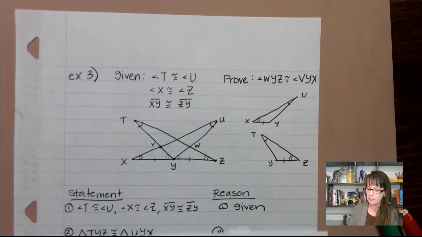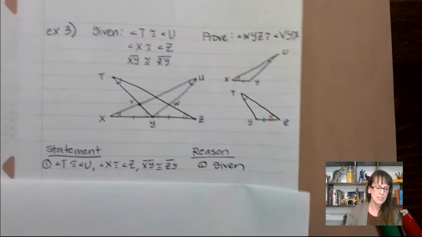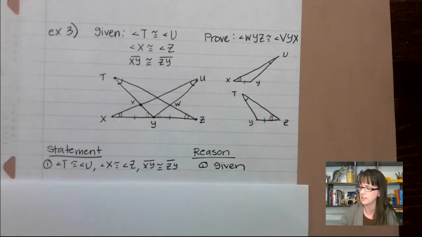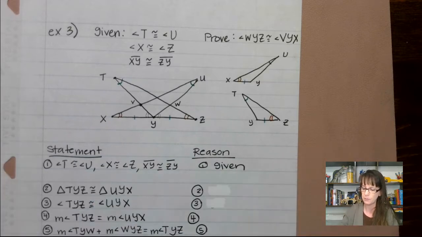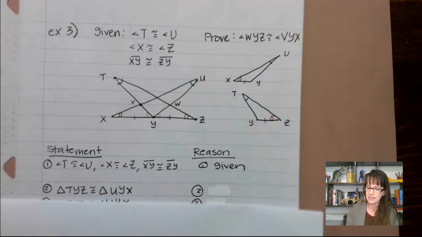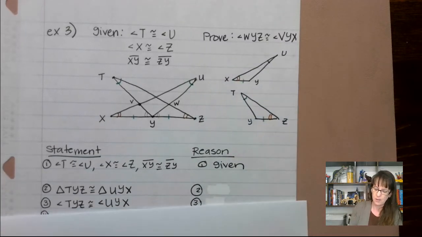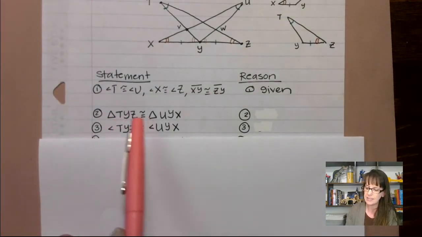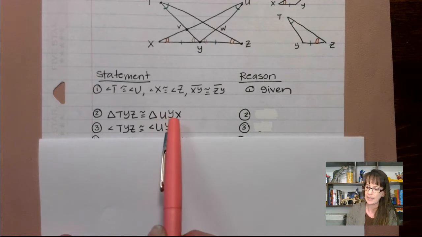So for our first step, obviously we put down our givens. Now this is one of those proofs where we're not going to go down our checklist completely, just because it's going to be a little bit different. So what we've got next is, when we take a look at these, we see that TYZ is congruent to UYX.